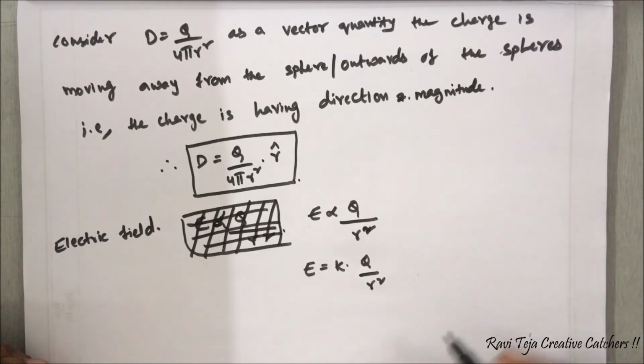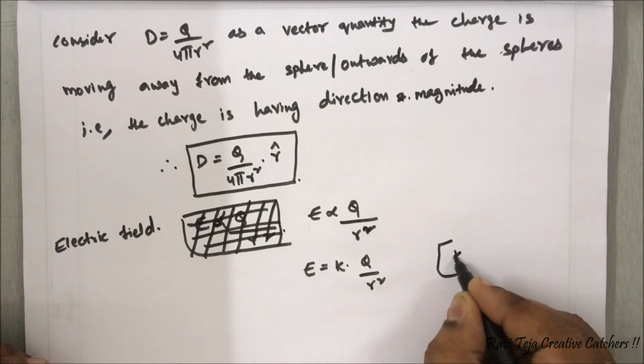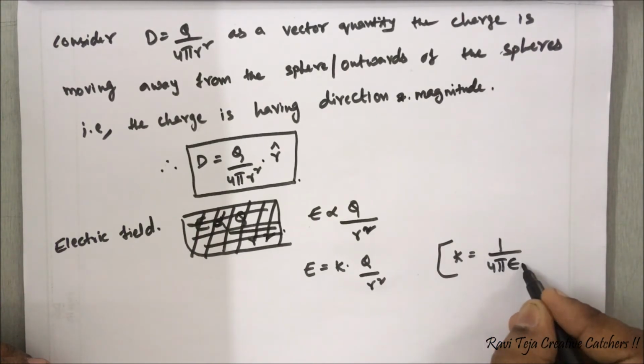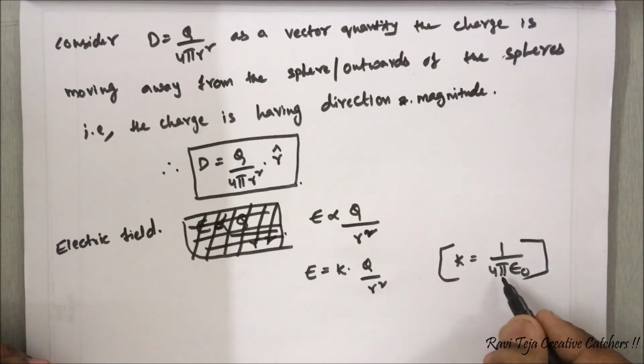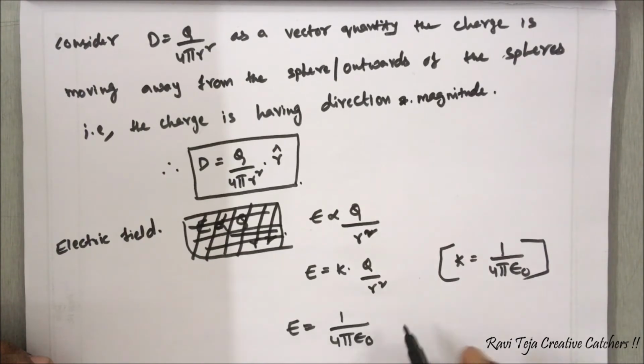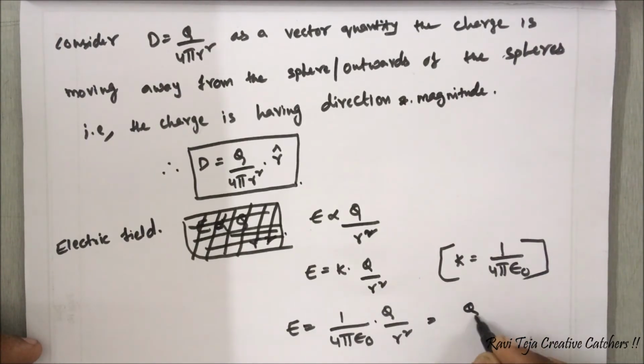We can write like this, right? But what is K? K is equal to 1 by 4 pi epsilon naught. Okay. Now substitute this K value in this E. E is equal to 1 by 4 pi epsilon naught into Q by r square. This can be again written as Q by 4 pi epsilon naught r square.